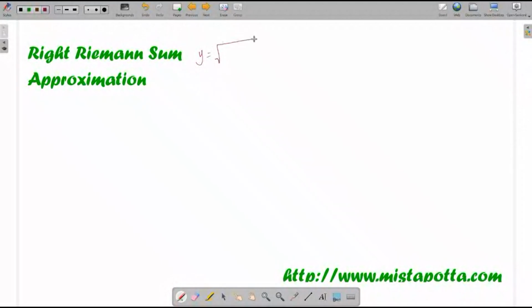I can also take a look at this exact same curve using a right Riemann sum. So if I look at y equals radical 9 minus x squared on my same domain from 0 to 3, this is the top quadrant of a circle. But using the right Riemann sum, now I'm using the right endpoints of each one of these intervals to determine the height of the rectangle.